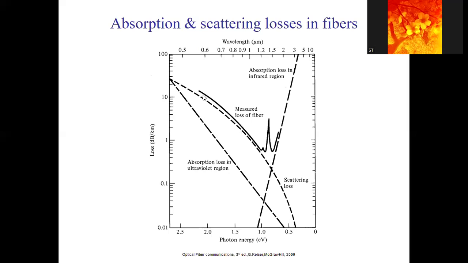All these three losses combined give the measured loss of fiber, and that is given by this solid line. This is the loss, this is photon energy, and this is the wavelength. This is the infrared region, this is the ultraviolet region, and this is the wavelength where the scattering loss is measured.